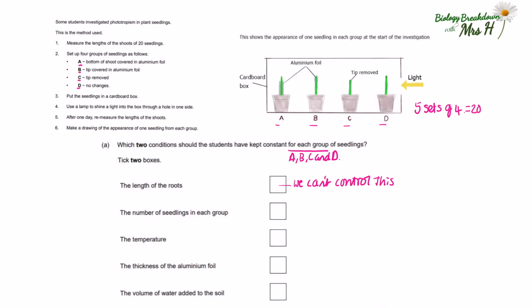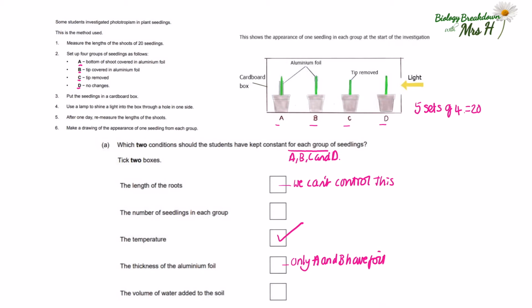The temperature, yes, we need to make sure that we keep the temperature the same for all seedlings A to D. Thickness of aluminium foil. Well, only A and B have foil, so we can't treat them all in the same way.